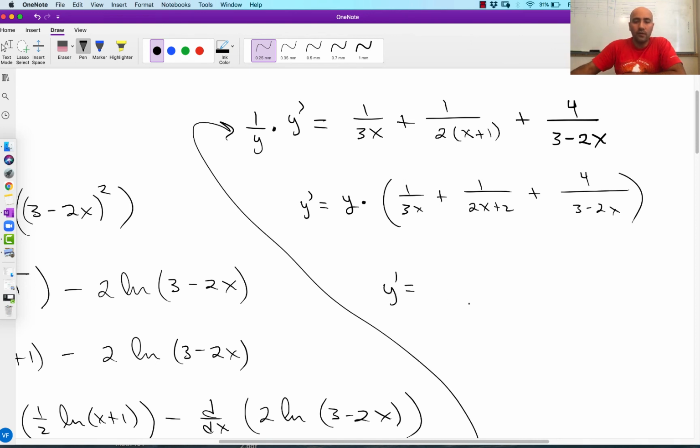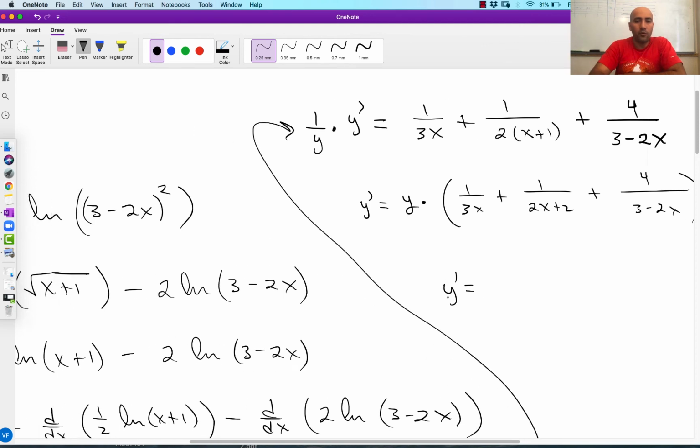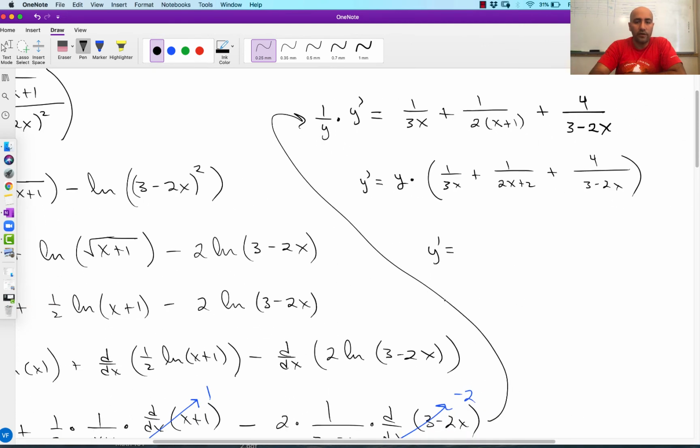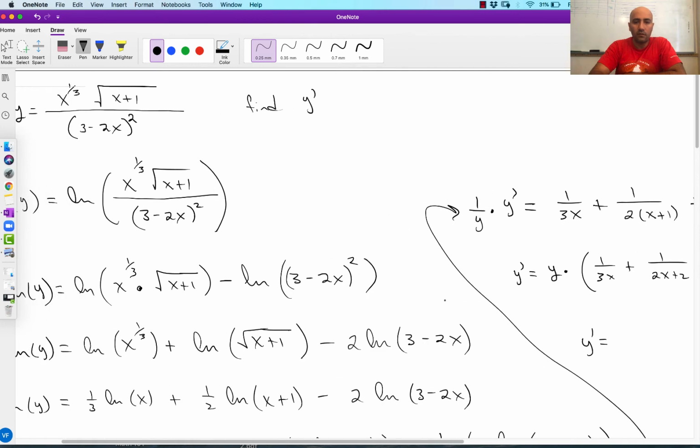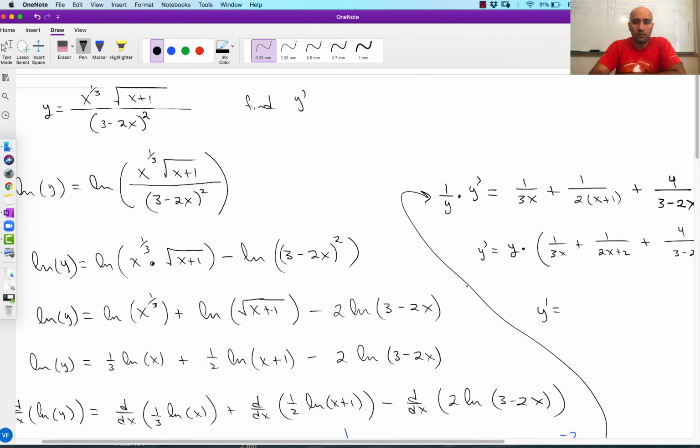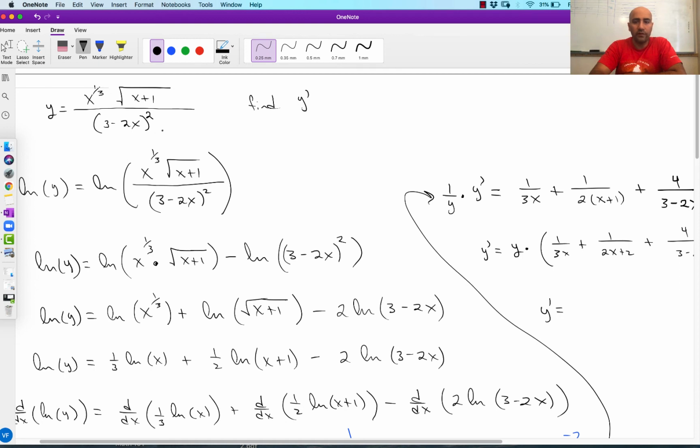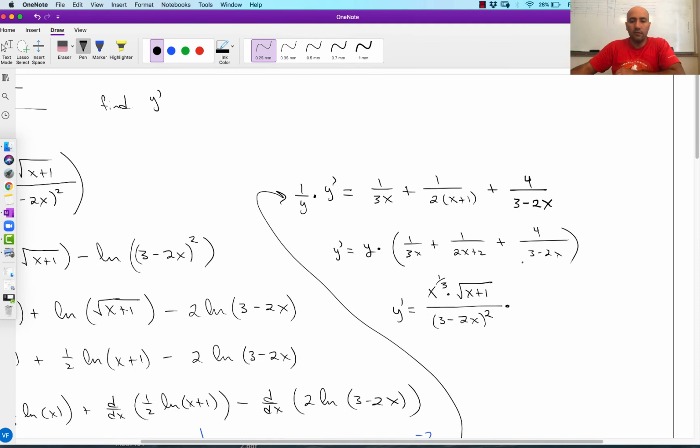So y prime is equal to, and then remember y was this ugly mess over here. This original nasty mess over here, that's y. So it becomes x to the power of 1/3 times the square root of x plus 1, divided by 3 minus 2x, squared, times, and then that.